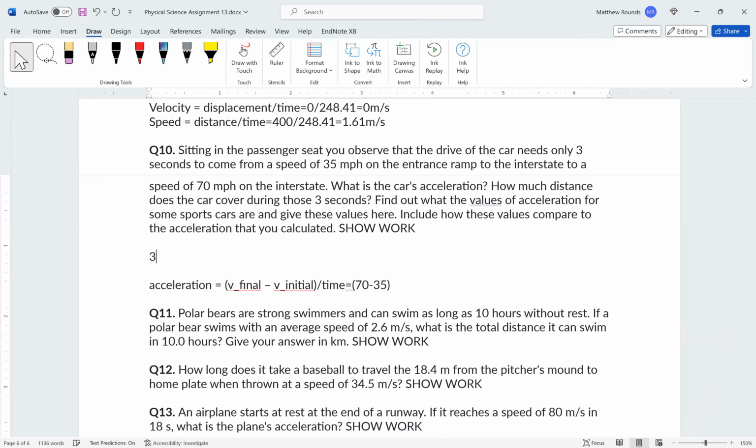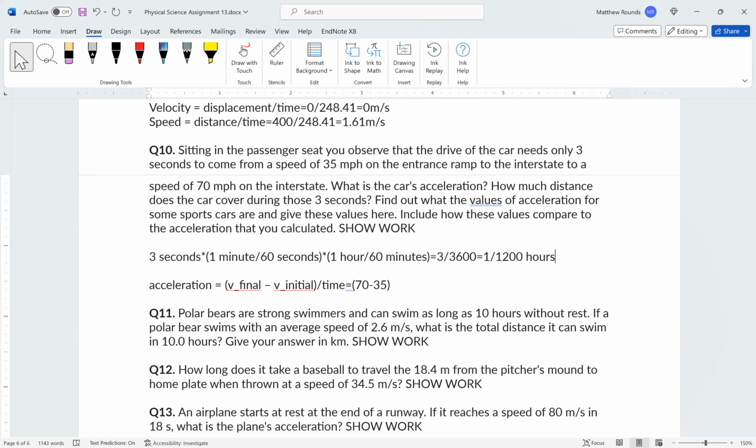So I would convert seconds. 3 seconds. There are 60 seconds in 1 minute, and in 1 hour, there are 60 minutes. So this ends up being 3 divided by 3,600, which is 1 over 1,200 hours, which isn't very much.